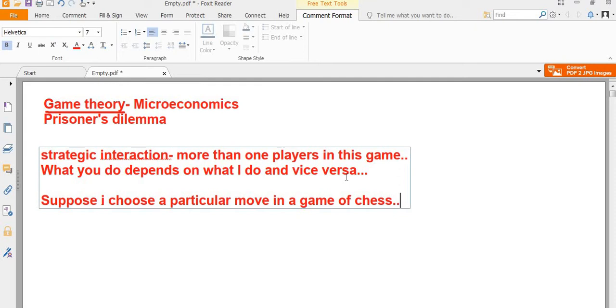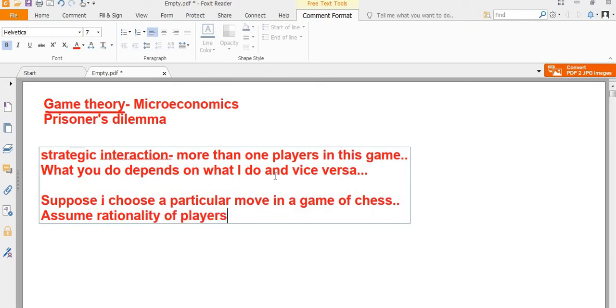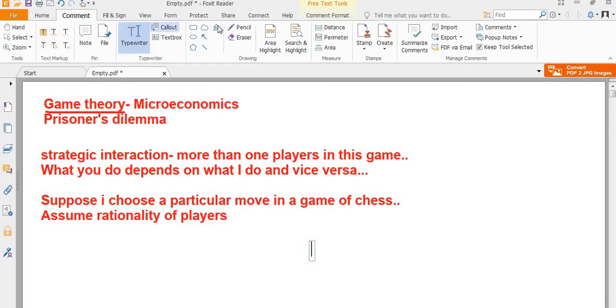And of course I assume rationality of individuals, or rationality of the players. If I start playing a game of chess with a mad person, of course there is a high probability that I will win, because the person opposite to me, my opponent, is not a rational person, and that way he will not be able to understand the particular moves that I make in a game of chess.